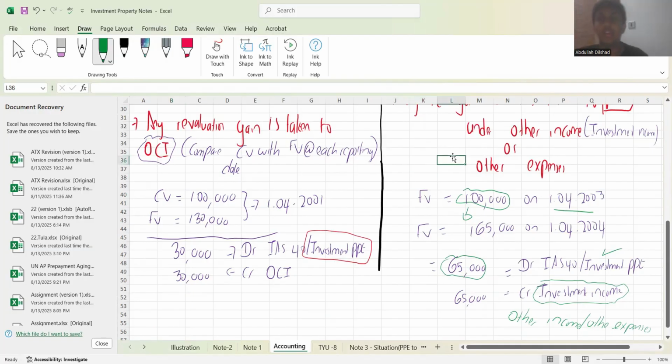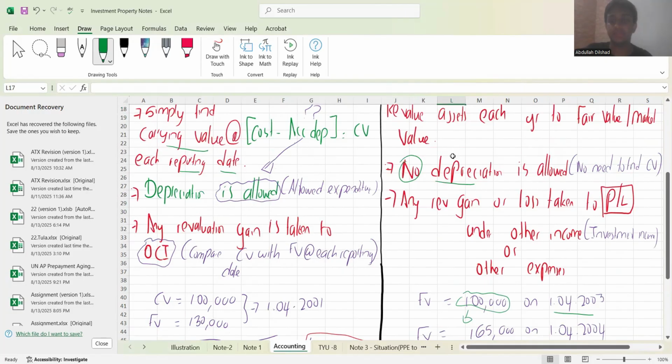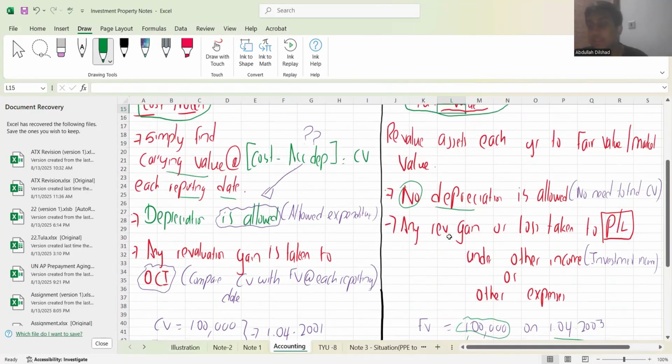This is what I have written here. Look at this. Any revaluation gain or loss will be taken to P&L, under other income or other expenses. We do not show it under statement of changes in equity, right? You all need to know how to differentiate the accounting treatment when it's the cost model and the accounting treatment when it's the fair value model.